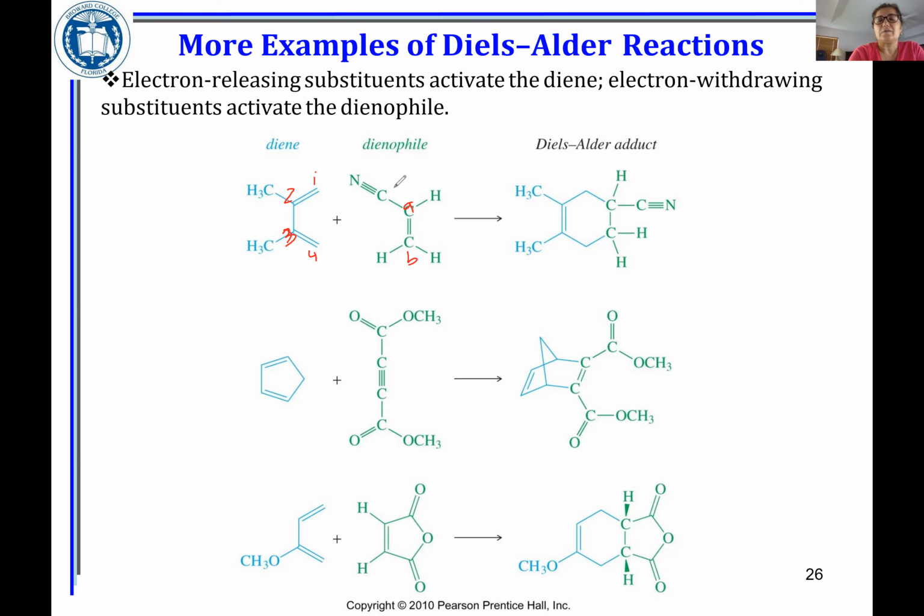Whatever we have attached to the dienophile or to the diene is going to carry over as well. So this is an electron withdrawing group, so it's going to make this a better dienophile. This is an electron donor group. An electron donor group is going to make the diene a better diene, so it activates the diene. And on the dienophile, if you have an electron withdrawing group, it will activate the dienophile.